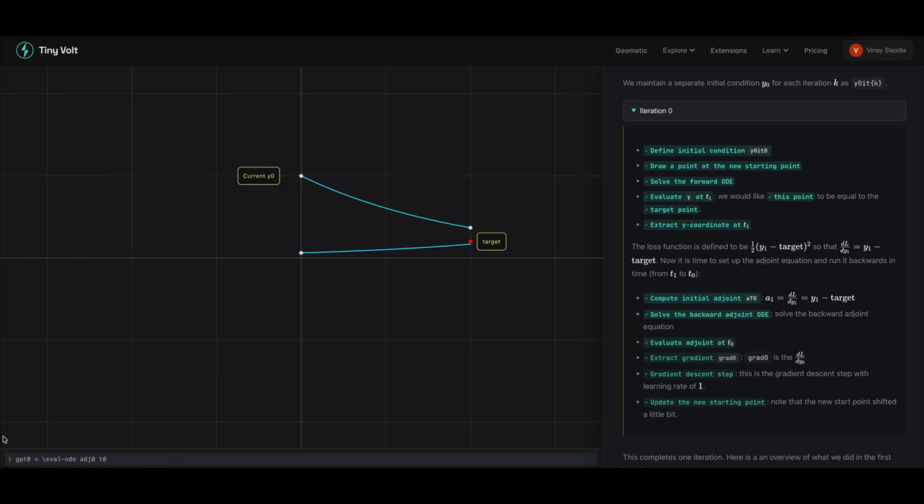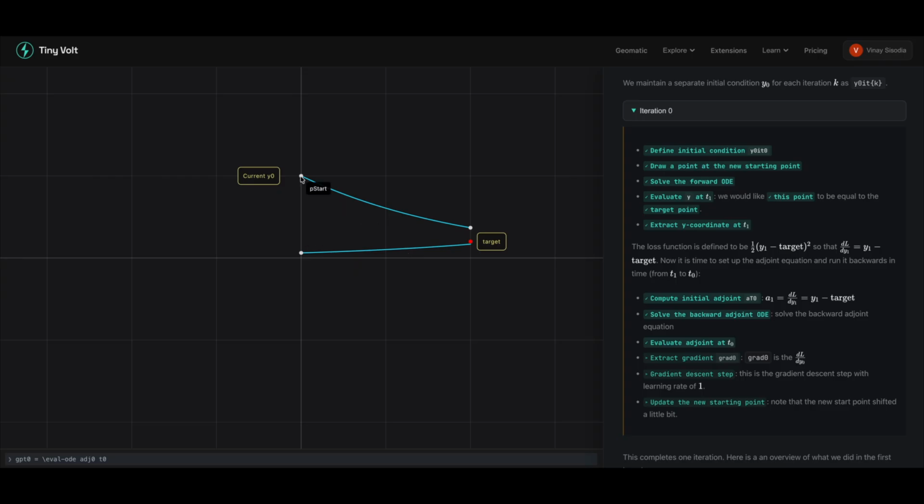So this endpoint here is described by a(t0), and this is nothing but the gradient with respect to the initial condition. So once I have the gradient with respect to initial condition, all I have to do is take a gradient descent step, which is exactly what I do here.